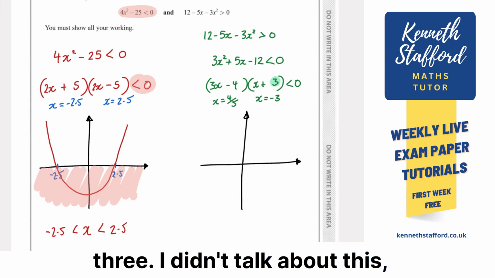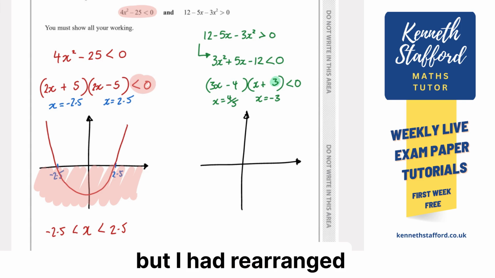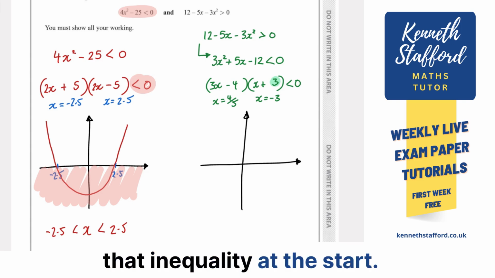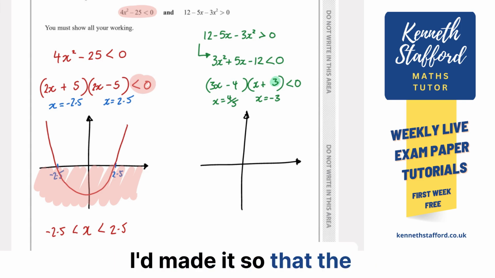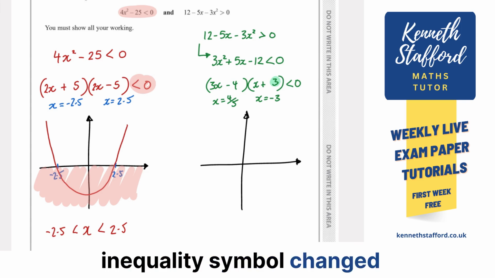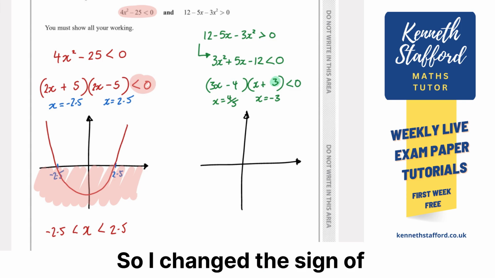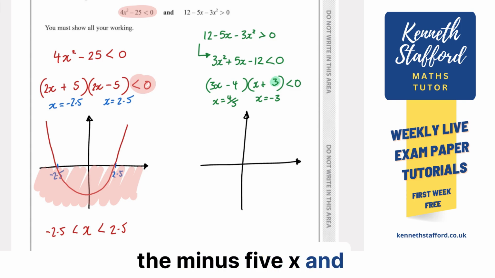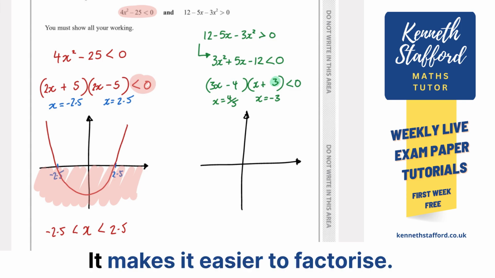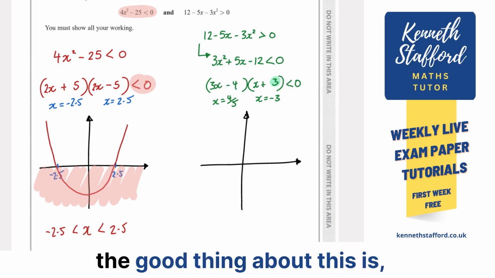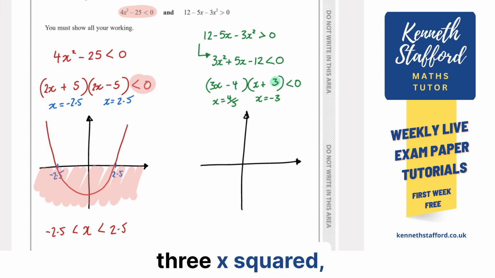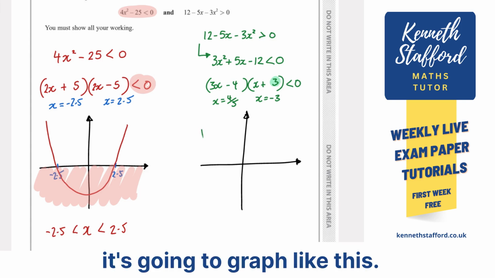I didn't talk about this, but I had rearranged that inequality at the start. I'd made it so that the inequality symbol had changed the other way, so I changed the sign of the 3x squared, the minus 5x, and the plus 12. It makes it easier to factorise, and also the good thing about this is because it's now positive 3x squared, it's going to graph like this.